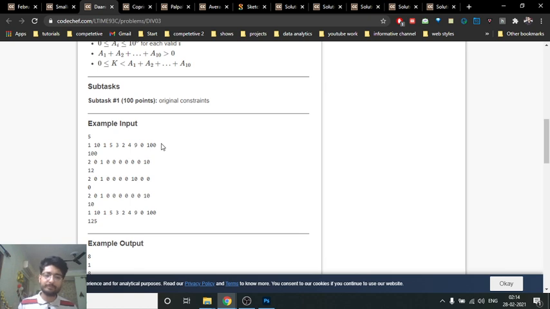So the maximum difficulty which is remaining after deleting k problems is this: there are 9 problems which have a difficulty of 8. So what is the maximum difficulty left after deleting k problems? The answer is 8, because 8 is the maximum difficulty which is remaining. Difficulty means that if there are some problems remaining, what is the maximum difficulty you can face, which is this 8, and so on.